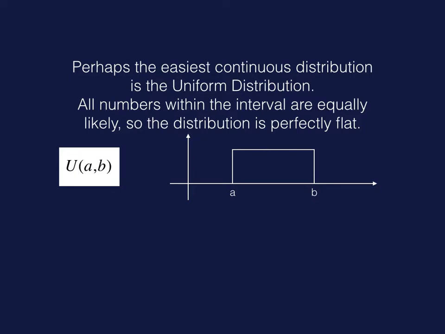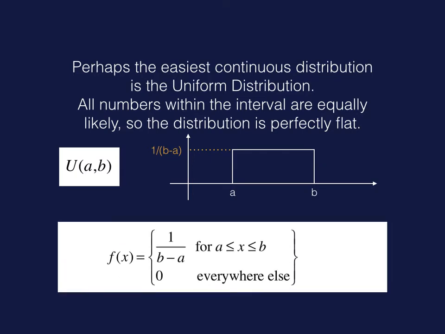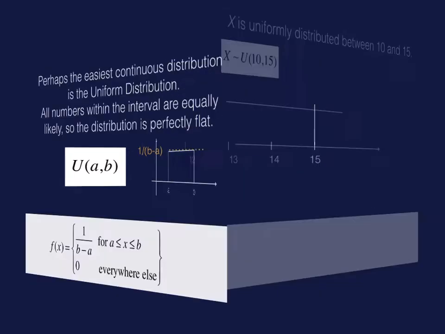And since the total area must be equal to 1, the height of the rectangle must be 1 over b minus a. That guarantees that the area equals 1. So written in f of x notation, it's a horizontal line, so it's just a number between a and b and 0 everywhere else.